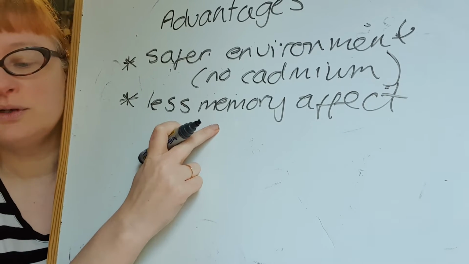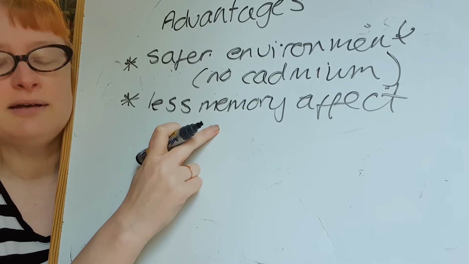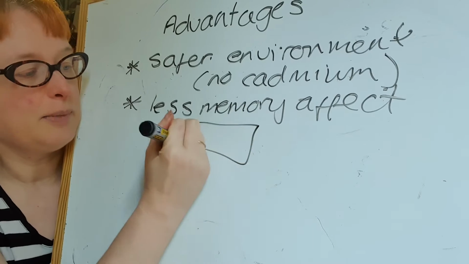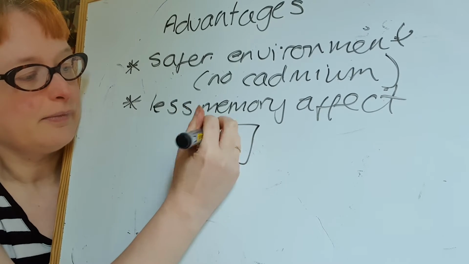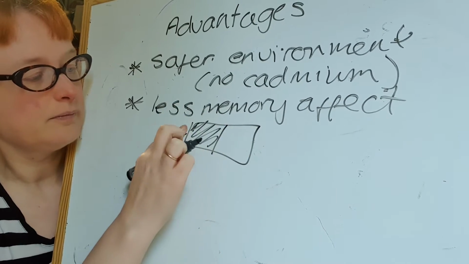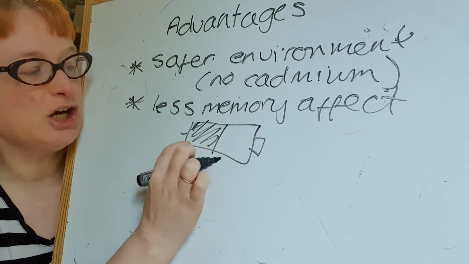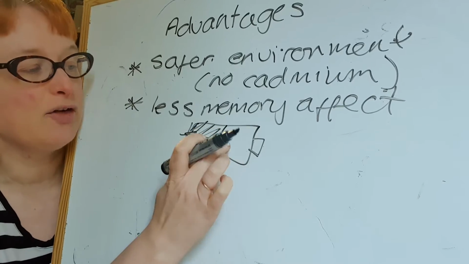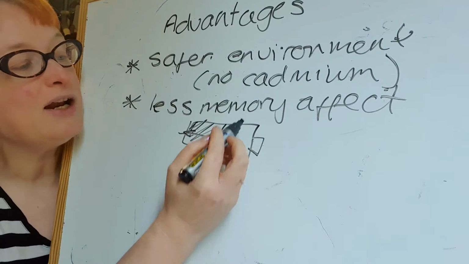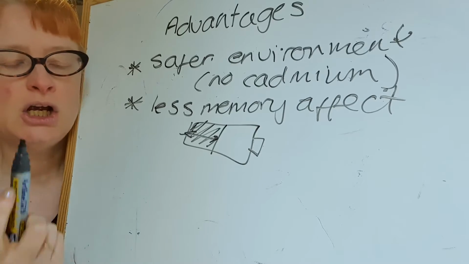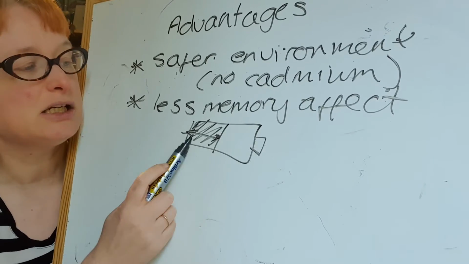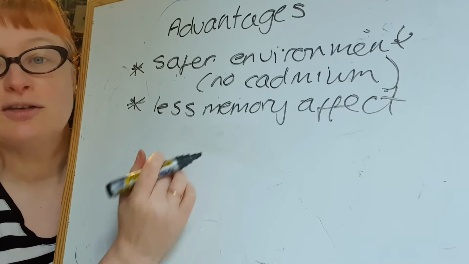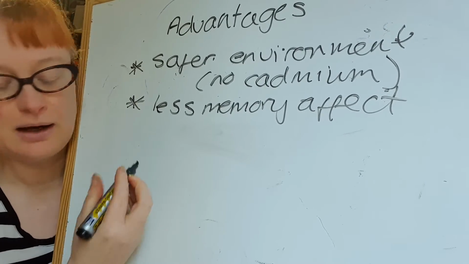So the old nickel cadmium ones, if you only half used it and then charged it, let's say that's the battery, you used it, you use this much and then charged it, you could get a memory effect where it would only ever charge that much and you would not get your full amount of battery. We don't tend to have that so much anymore. You can, if you really mess around with it, but it's not really a thing we concern ourselves with anymore. If your phone goes down, you can just charge it whenever. There's no kind of thing.